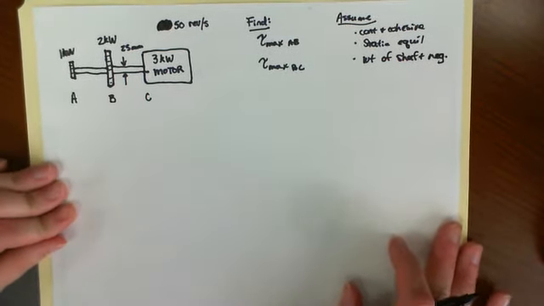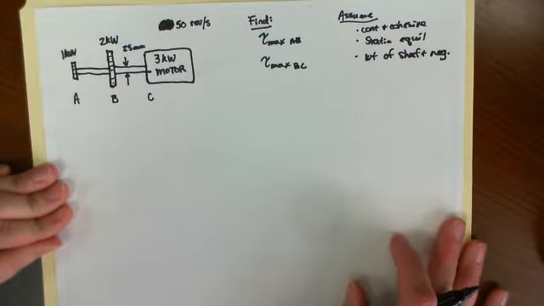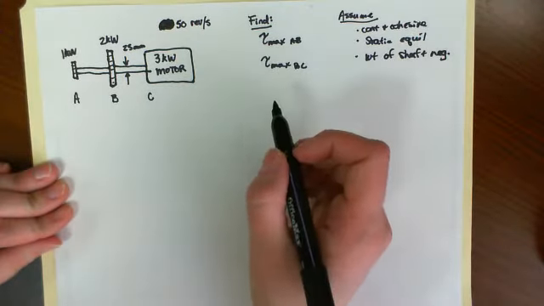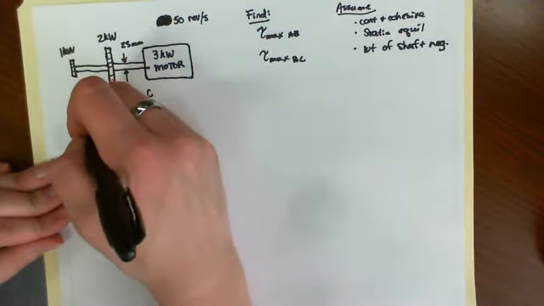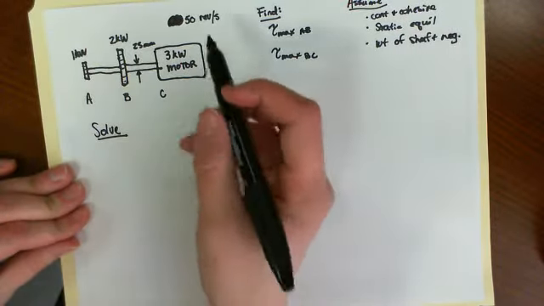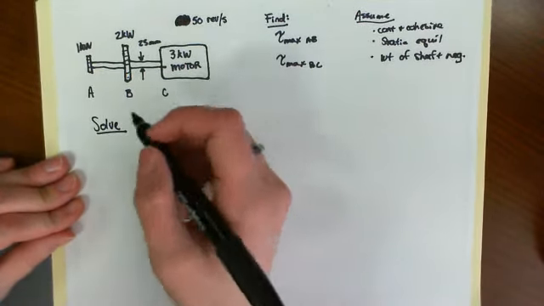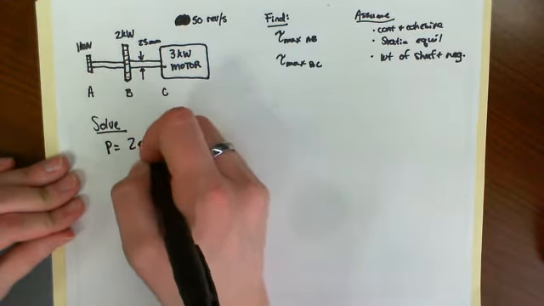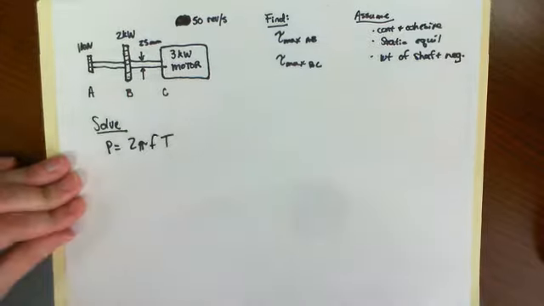Alright, so the first thing is let's convert our power to torque, because we need to use torque in these shear stress calculations. We're given a frequency of 50 revolutions per second. So we're going to use power equals 2 pi f t.